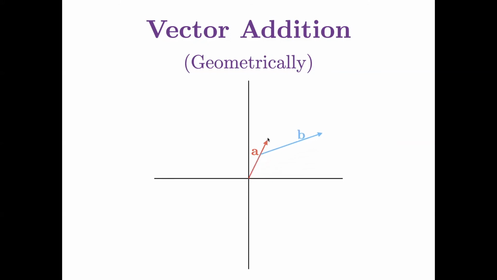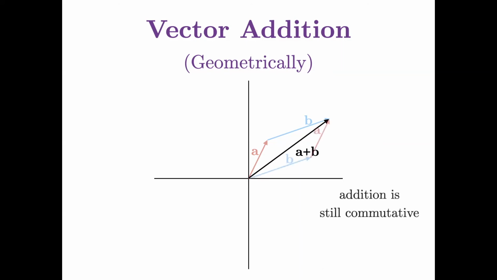Where did they end up? The result of that question, that resultant, is a plus b. Addition with vectors is still commutative, because it doesn't matter if I walk first in the direction and magnitude of b and then a, I will still end up at the same place, the corner of this parallelogram. Some nice geometry pops out of that.